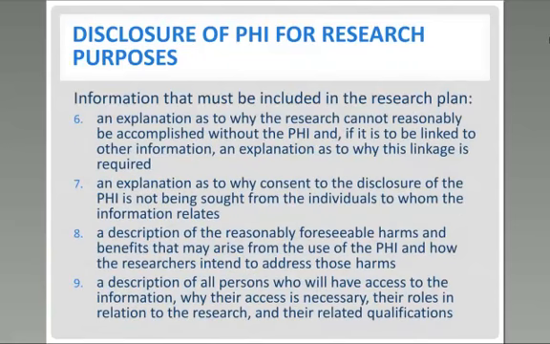And again, an explanation of why the linkage is required. Again, another requirement related to what CIPP is all about, and that's why the consent can't be obtained. Why you can't go out and seek the consent of the individuals.